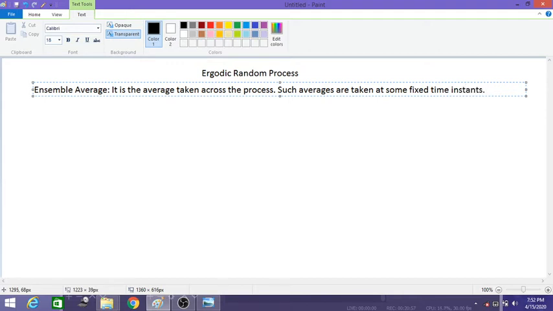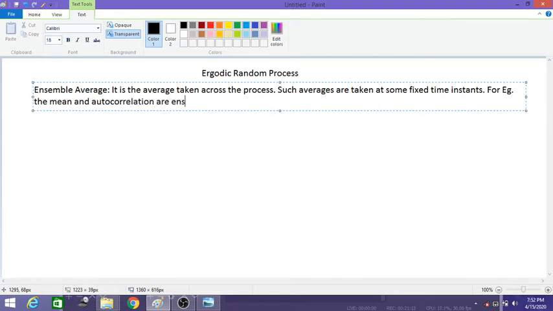For example, let us see the mean and autocorrelation, or ensemble averages. Okay, so mean and autocorrelation are ensemble averages.